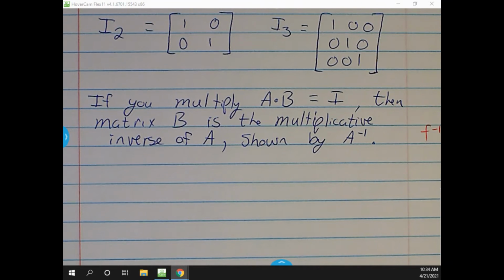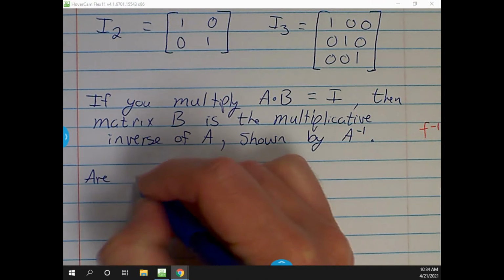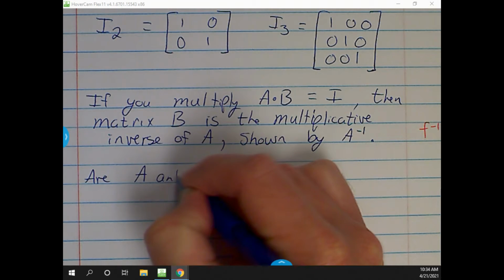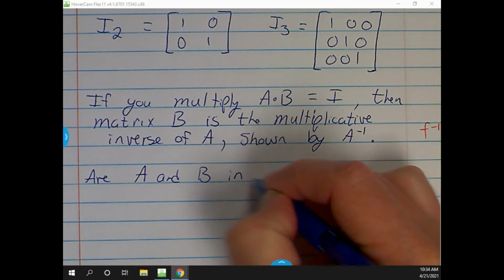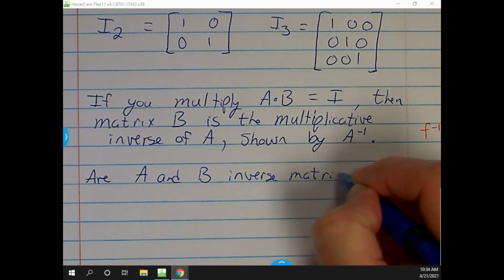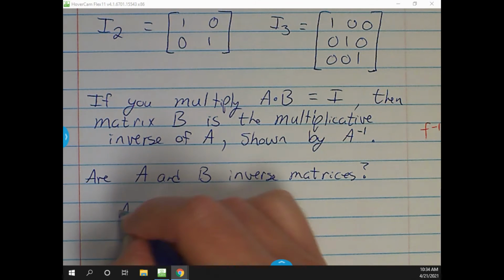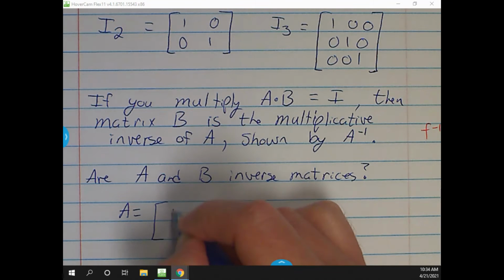Okay, so one of the things they're going to ask you to do is something like this. They may ask you, are A and B inverse matrices? And of course, they have to tell you what those two matrices are.